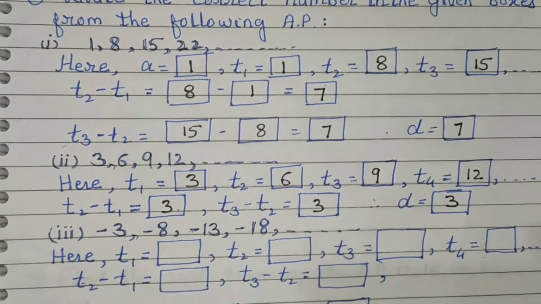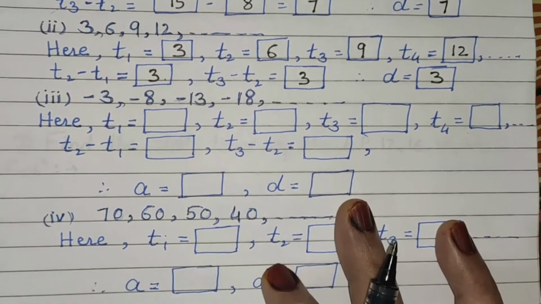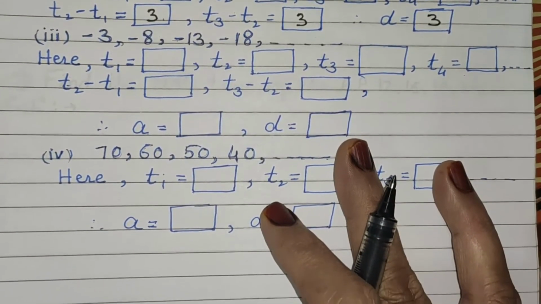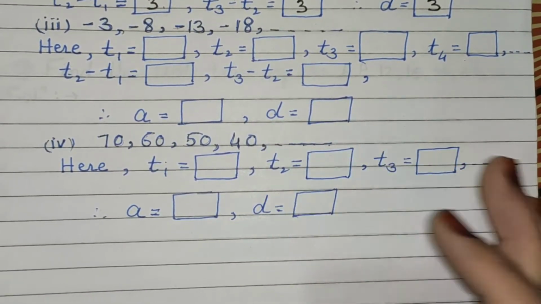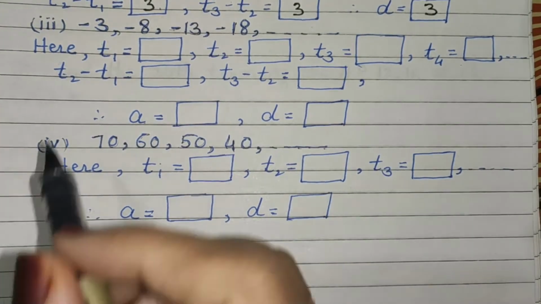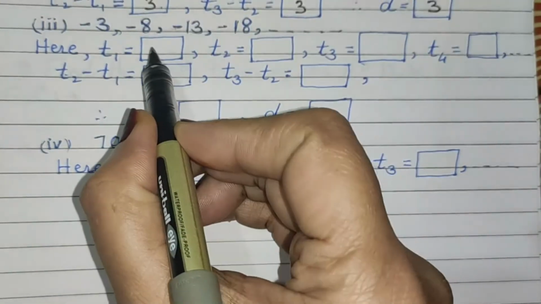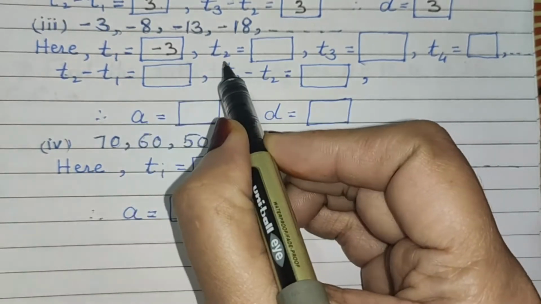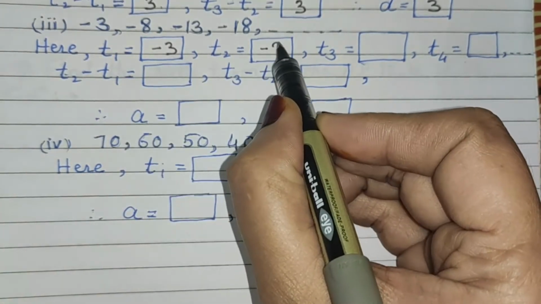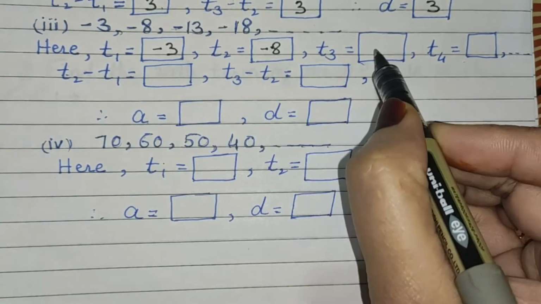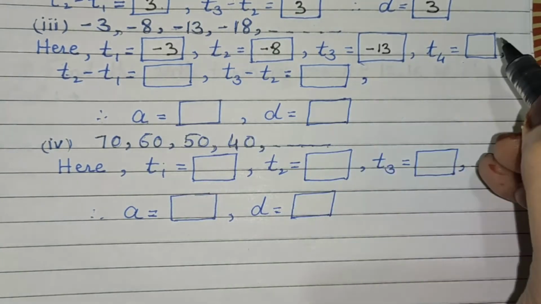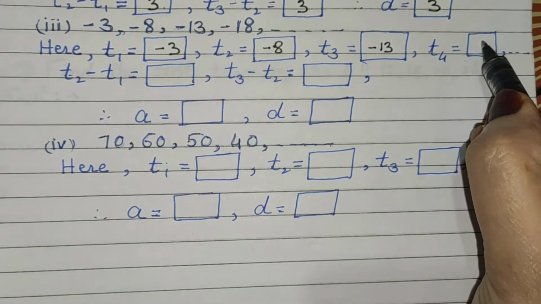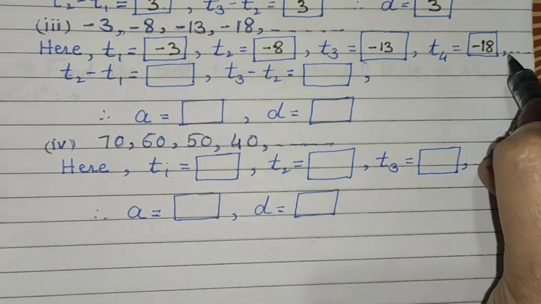Now look at the third question: minus 3, minus 8, minus 13 and minus 18. Here T1 is equal to minus 3, T2 second term is minus 8, T3 third term is minus 13 and T4 fourth term is minus 18 and so on.